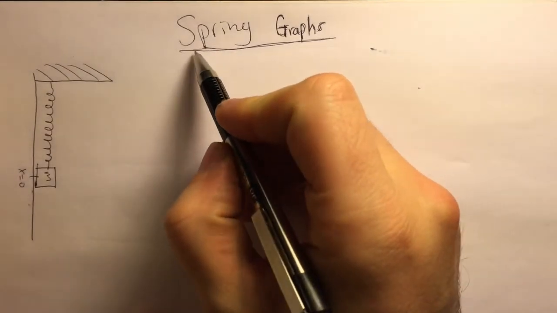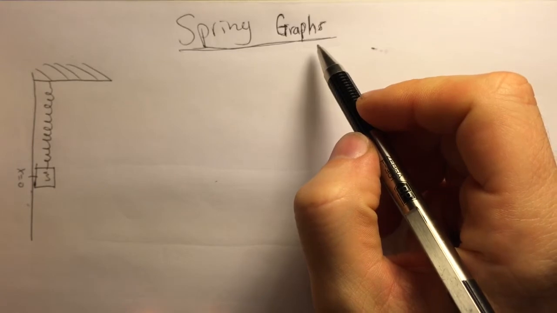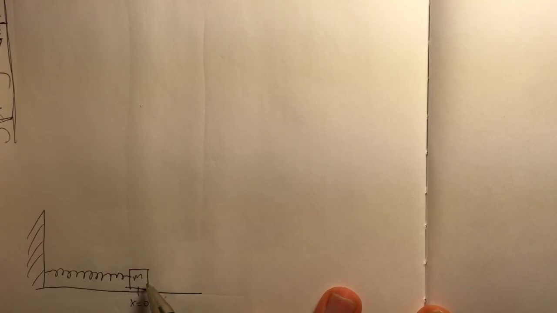Let's talk about spring graphs. You know, sines and cosines, those pesky things. Okay, so let's imagine you have this spring that's attached to a wall, and the other side's attached to a mass, and at the rest length it's x equals 0, and you pull it so that it goes to, let's define this as the negative x direction.